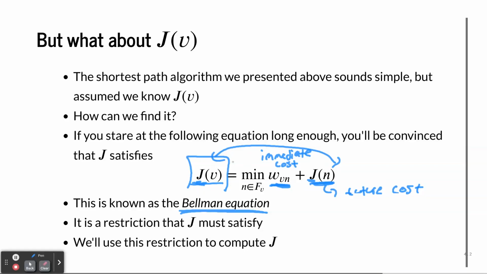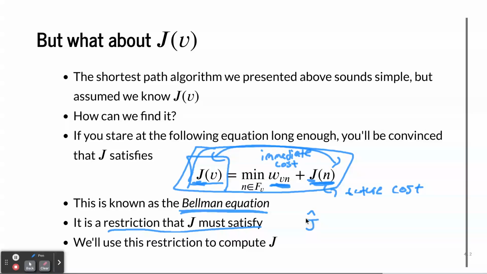Now, what this really is, it's not necessarily a definition of J, but rather a restriction that J must satisfy. Think about it this way. If we're given some candidate function, maybe we're going to call it J hat, a candidate cost to go function, in order to verify that it is indeed the minimum cost to go from each node, we would simply need to check that this condition holds.